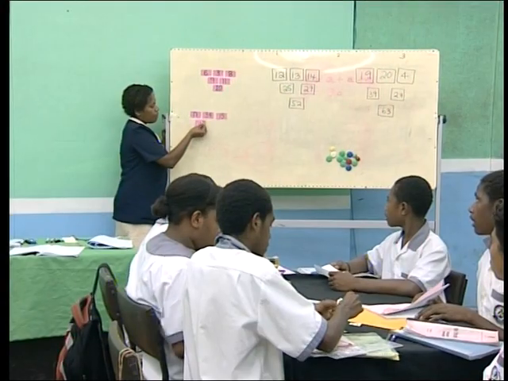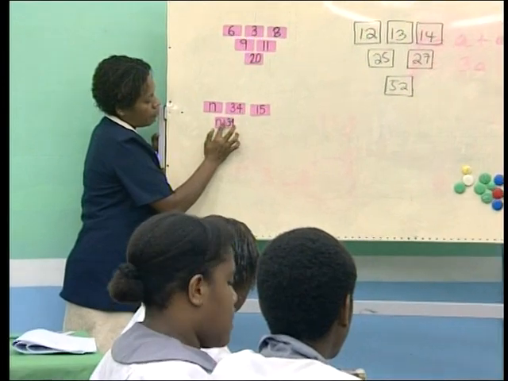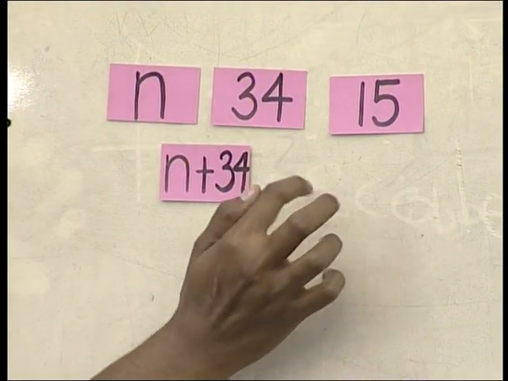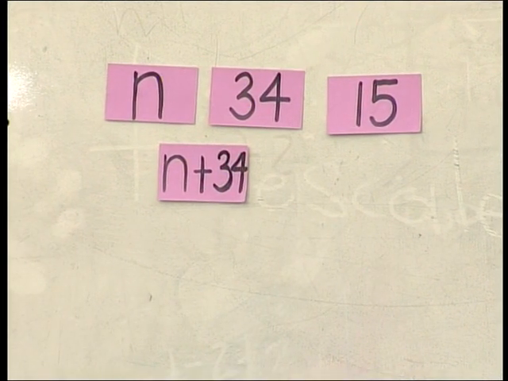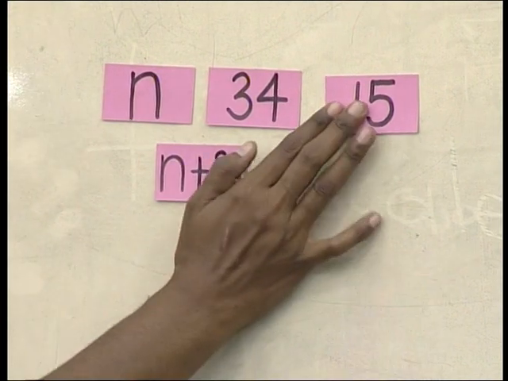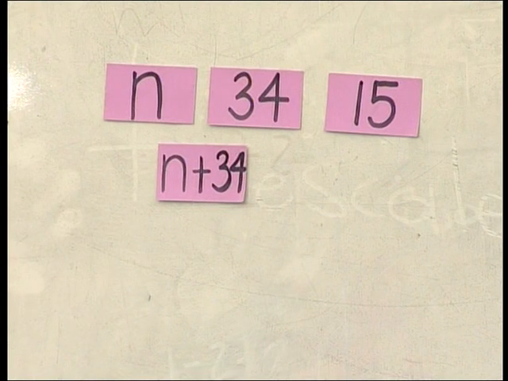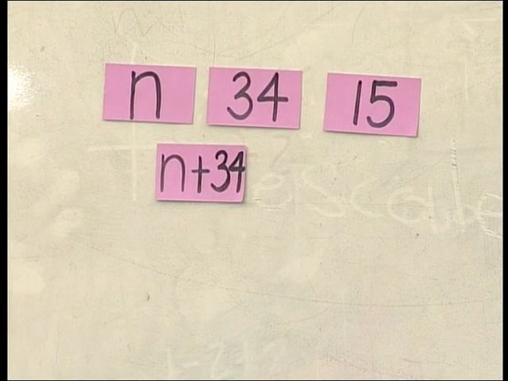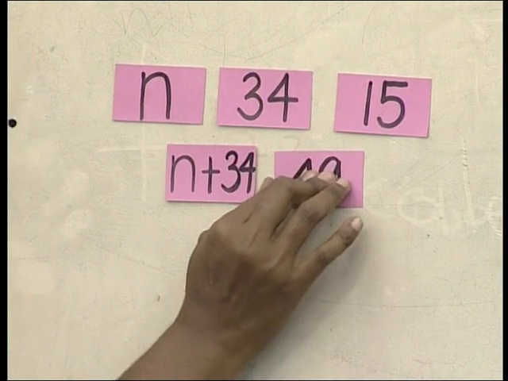We'll put N plus 34 here in the first box, second line. Okay, what will go here in the second box? 49. Okay, 49. Why 49? Okay, 34 plus 15 is 49. Okay, good.